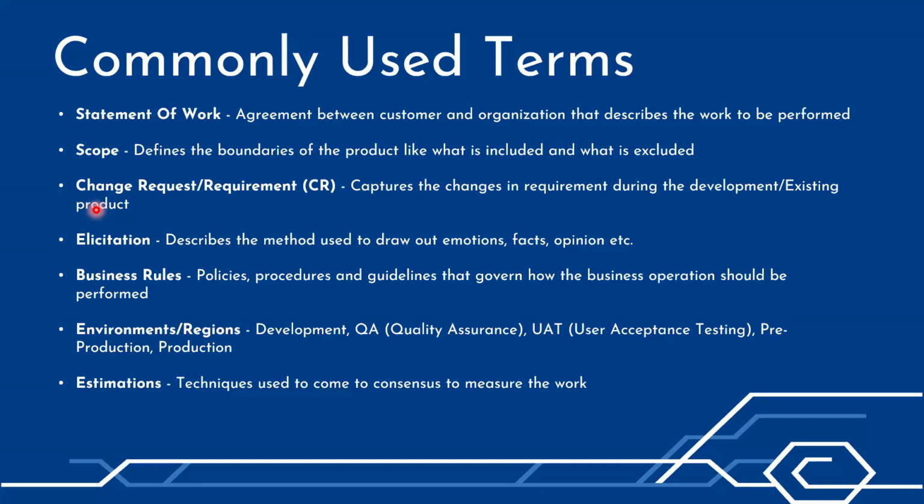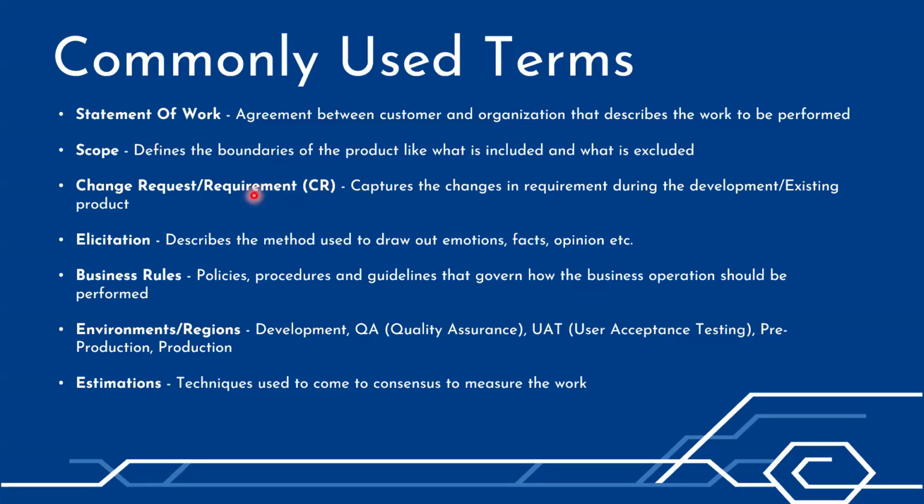In order to formally track any request, clients are officially supposed to raise a ticket. This ticket in general can be called a CR or change request. Sometimes some people may take CR as change requirement also.